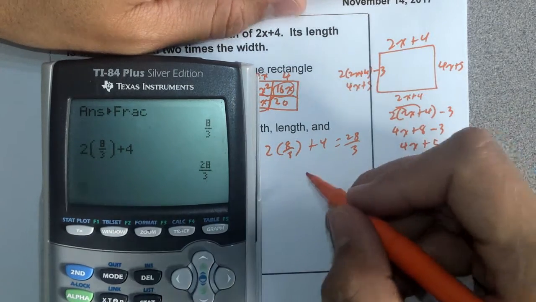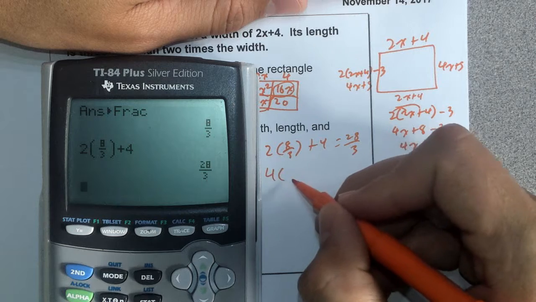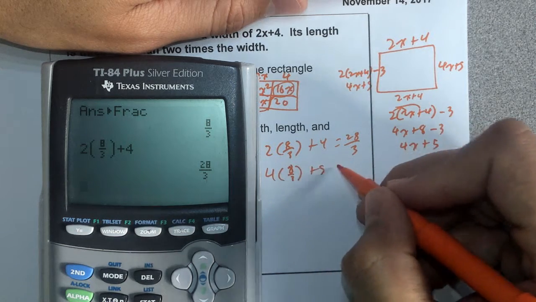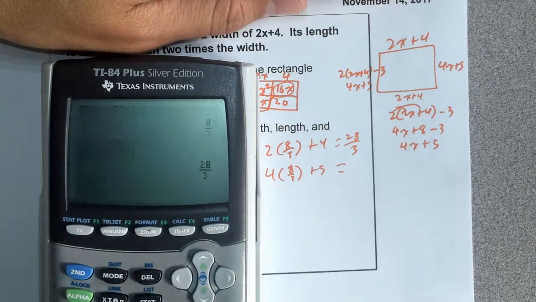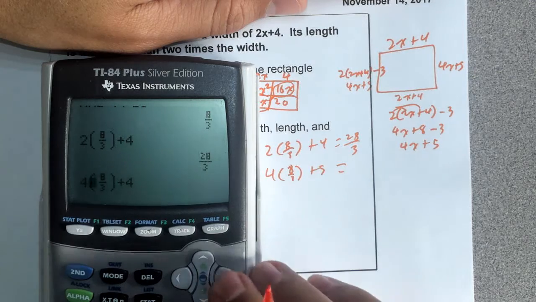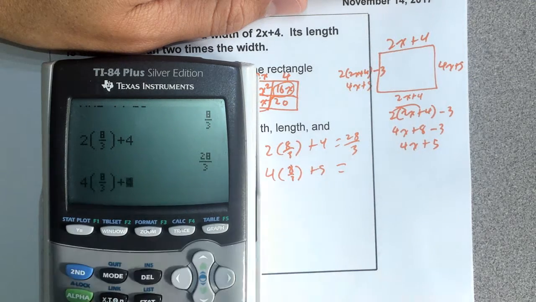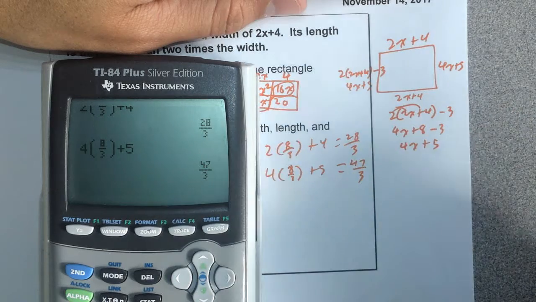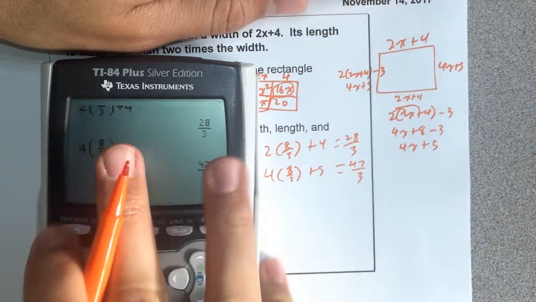That's wonderful. And the other one's going to be 4 times x, which is 8 over 3, plus 5. I'm going to just copy this one so I don't have to do all that work. So we're going to change the 2 to a 4 and the 4 to the 5 here, and that's going to get us 47 over 3. So that's the length and the width there.